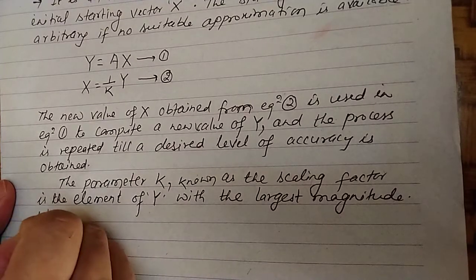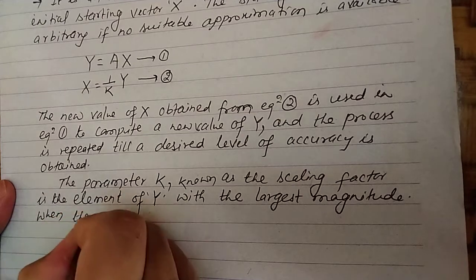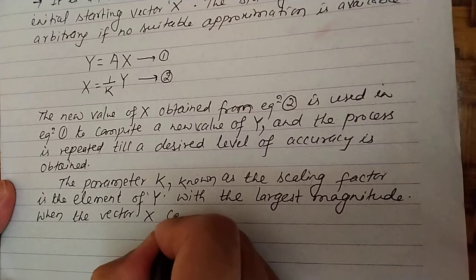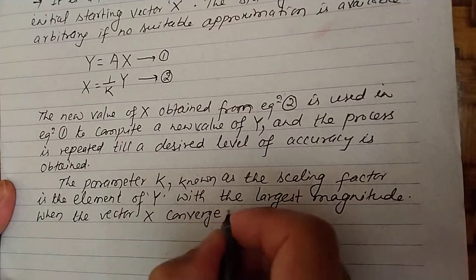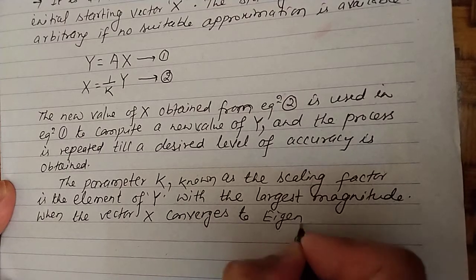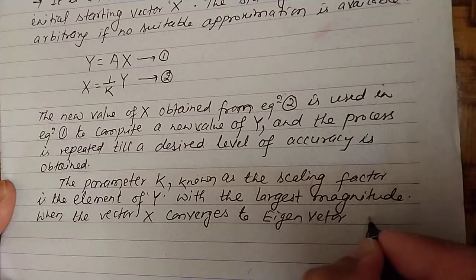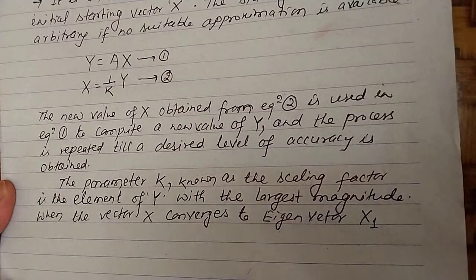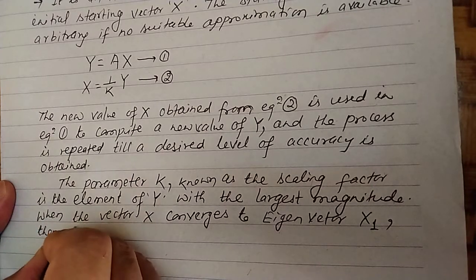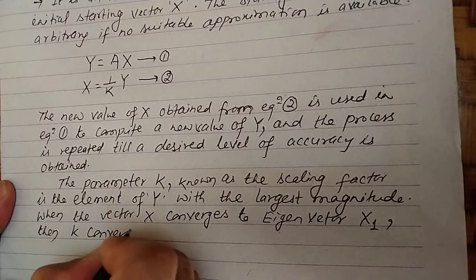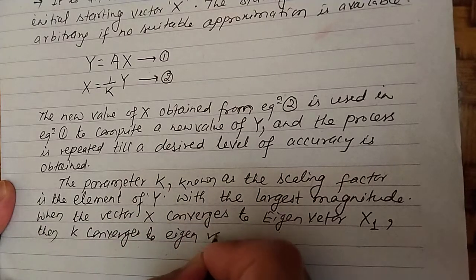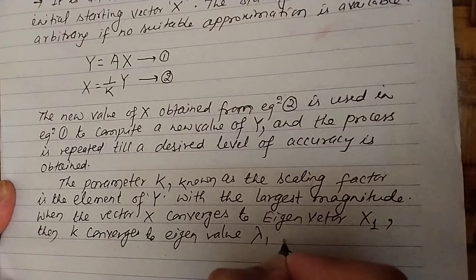When the vector x converges to eigenvector x1, then k converges to eigenvalue lambda 1.